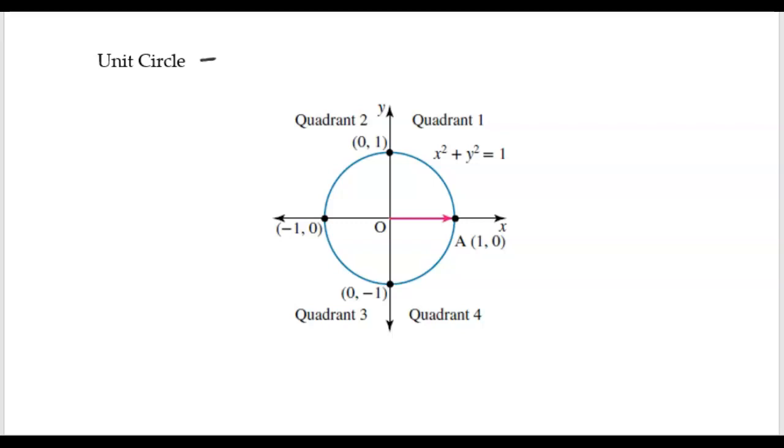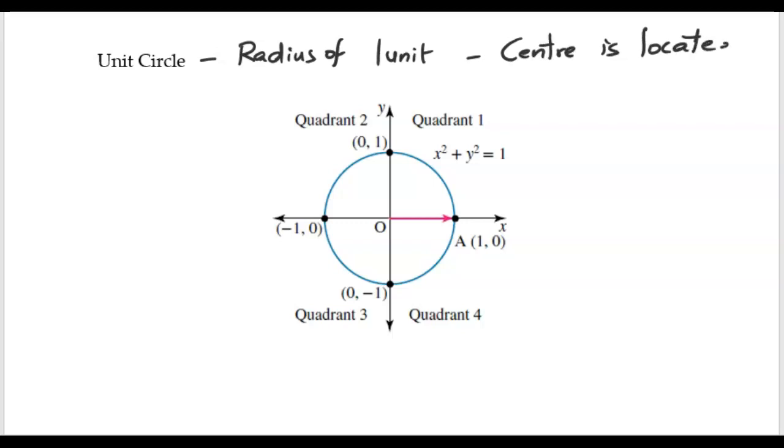The unit circle is a circle which has a radius of 1 unit, and its center is located at the origin of a Cartesian plane. In the diagram given below, we have an example of a Cartesian plane, and as you can see, the center of that circle is at the origin.